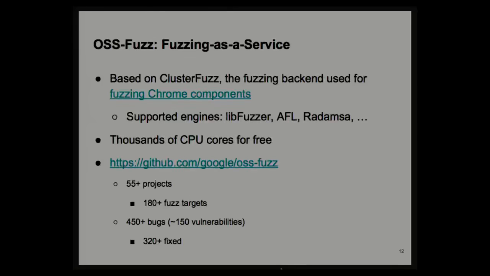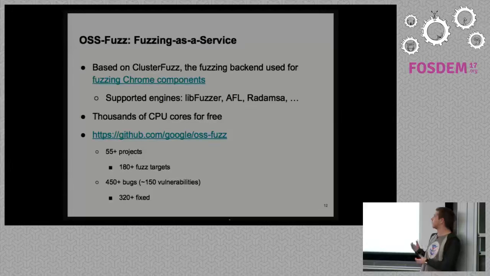When you try to do it at scale, you will meet a lot of problems, because some targets are crashing every minute, and you get thousands of similar bugs per day, and you need to understand which bugs are unique and which are not. And a few months ago, we cloned this infrastructure and made it free and accessible for large open source projects on which, let's say, the modern internet relies.